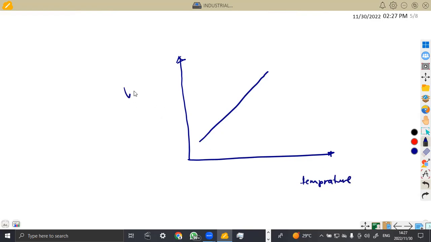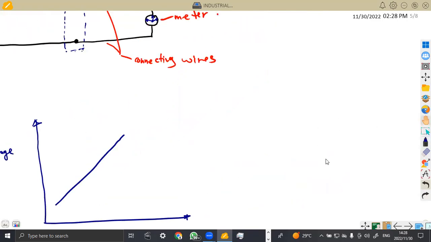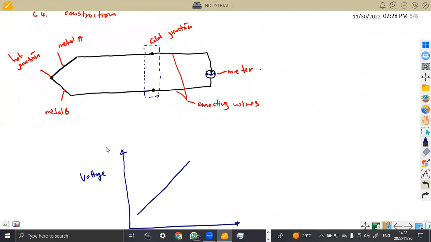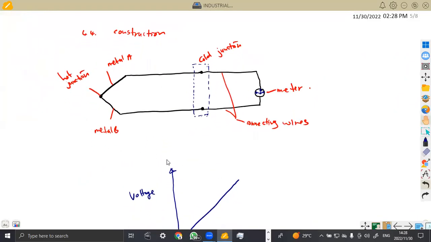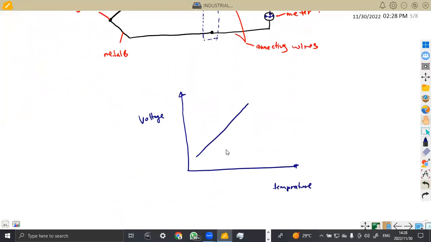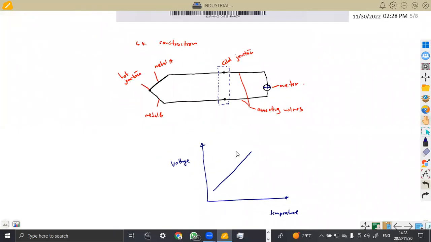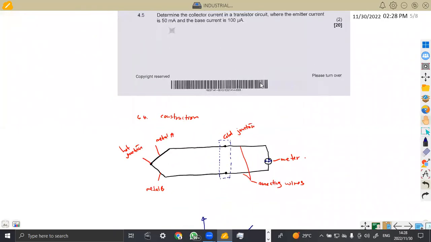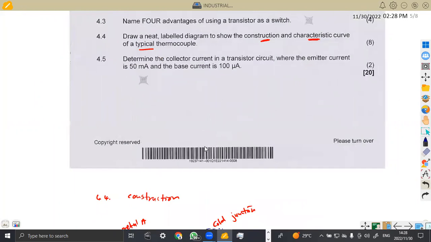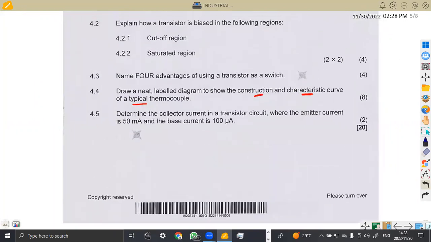This is voltage versus temperature, just like that, guys. We're done. So that was it on question 4.4. They just needed you to draw the construction diagram of the thermocouple and its characteristic curve, and you can obtain full marks. Just like I was saying, guys, you can collect 100 out of 100 in this paper if you see it properly.